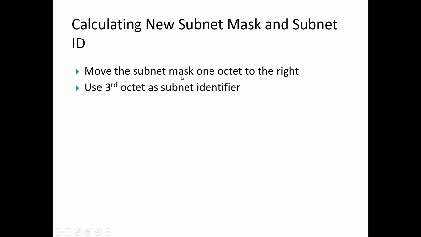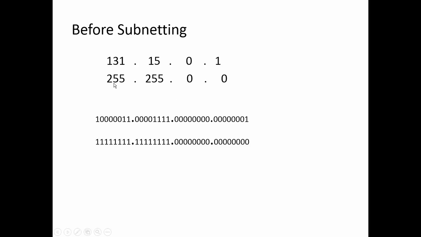Subnetting involves moving the subnet mask to the right. We can move it one octet to the right, or more, or less, and then use that third octet as subnet identifier. So let's do it. Before subnetting, the subnet mask is 255.255.0.0.